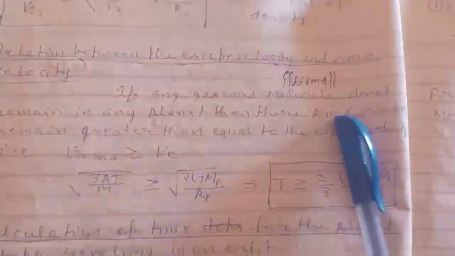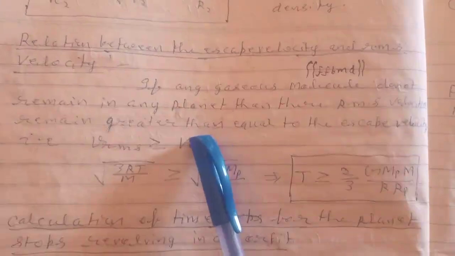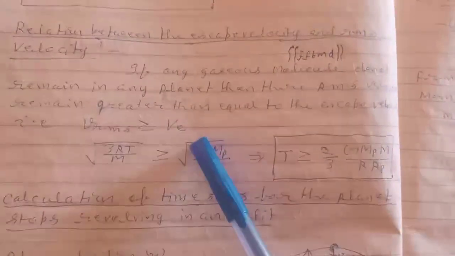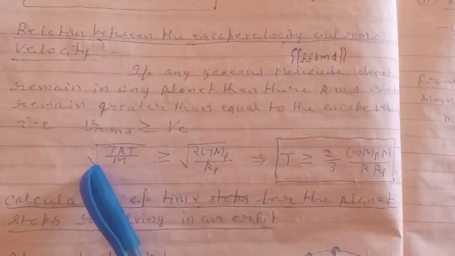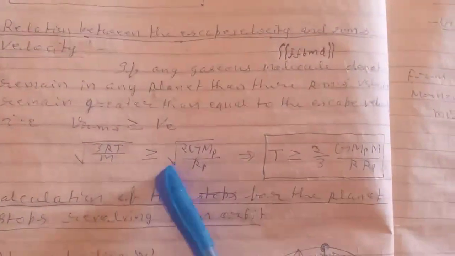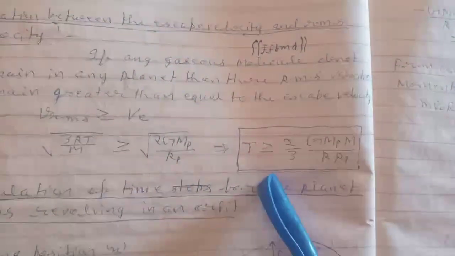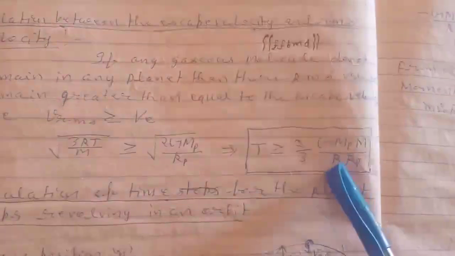Relation between the escape velocity and RMS velocity. If any gaseous molecule does not remain on a planet, then its RMS velocity must be greater than or equal to the escape velocity. That is, v_rms ≥ vₑ, and v_rms is given by √(3RT/M) ≥ √(2GM_p/R), and T ≥ (2/3) × GM_p M/(R × R_gas).